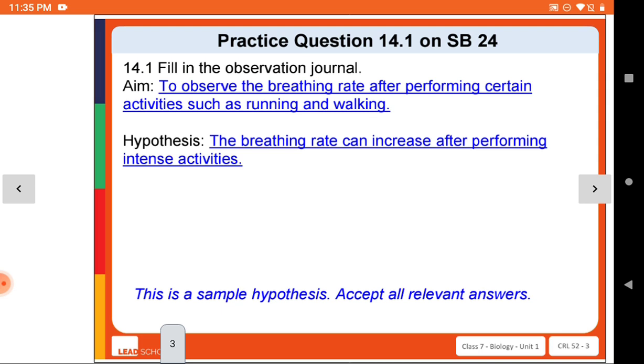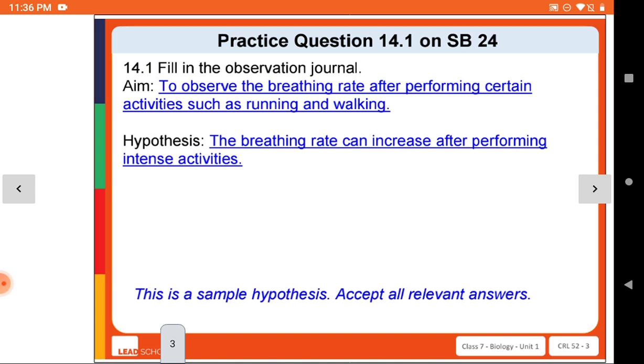You have to read and learn the correct answer. The aim is to observe the breathing rate after performing an activity such as running and walking. The hypothesis is that breathing rate can increase after performing intense activity.